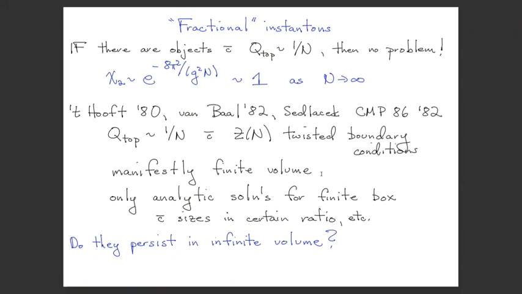In particular, as pointed out by 't Hooft, Pierre van Baal, Sedlacek in the early 80s, you can have Z_n twisted boundary conditions where fractional topological charge just pops out. However, they're manifestly finite volume because you have to have these twisted boundary conditions. And so the question is, do they persist in infinite volumes?